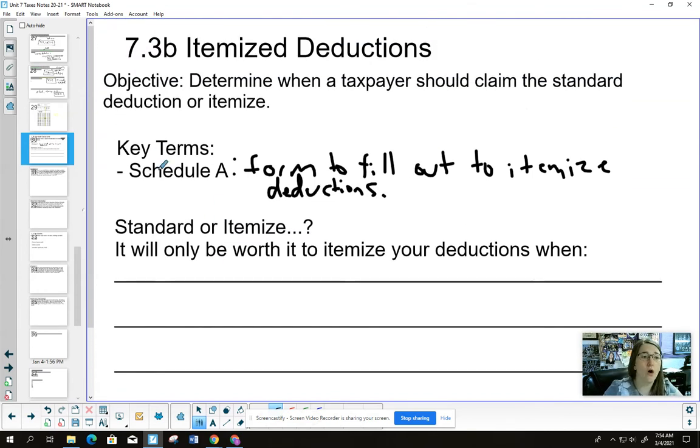However, you can only either claim the standard or itemize. You cannot do both. It's one or the other. Either you get that big chunk of money that the government just pretends you didn't make, or you can do a lot of individual itemized deductions instead. However, it's only going to be worth it to itemize deductions when the total of your itemized deductions is bigger than the standard deduction.